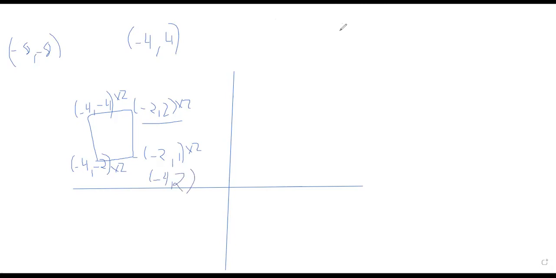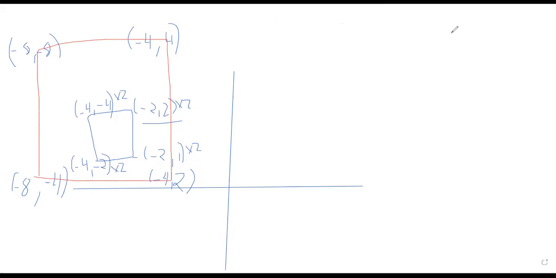And the last point was -4 times 2 is -8, and -2 times 2 is -4. Alright, and just like before, after you multiply by the enlargement factor, you just join up the new points. Alright, and that is enlarged. If they wanted it to shrink, instead of multiplying, you just divide the coordinates by the value.